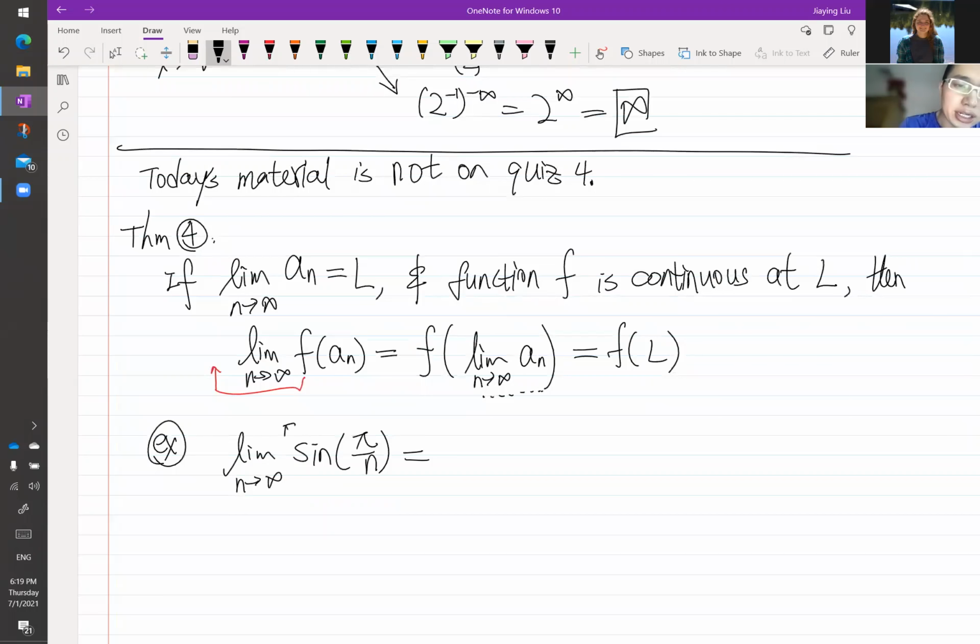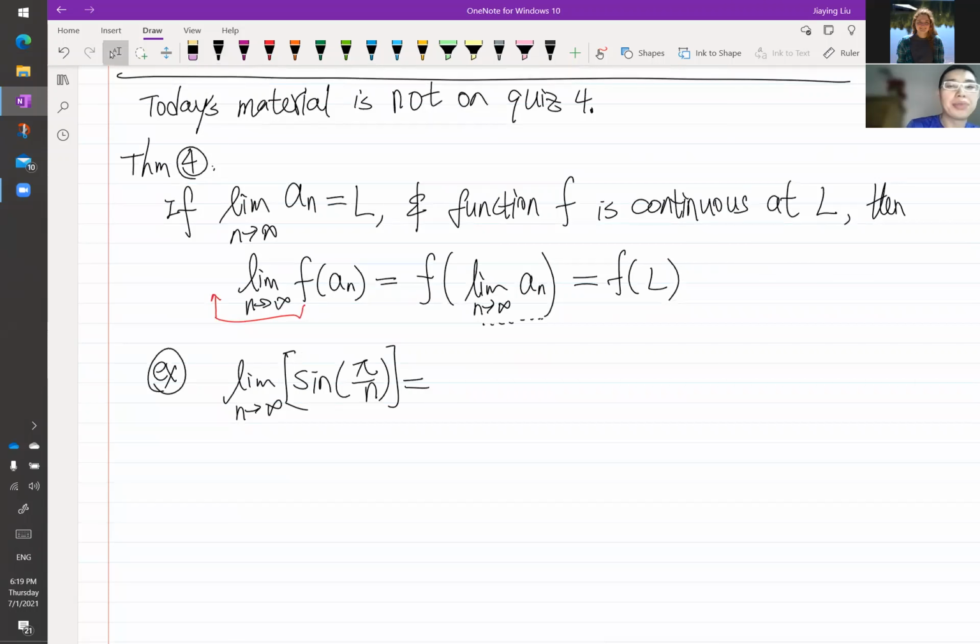So here we try to take the limit of this term, sine pi over n. And you probably think, can we just find it? Well, one way is to calculate one of them at a time. You can think about these as the elements of the sequence.